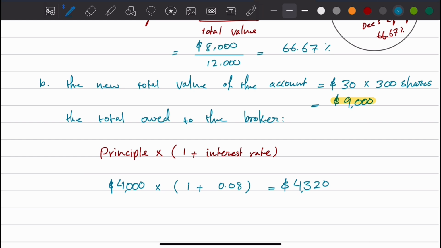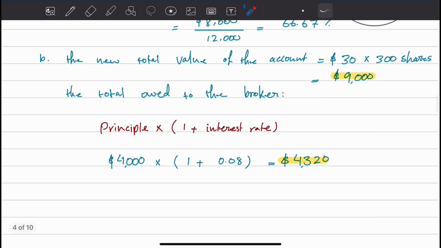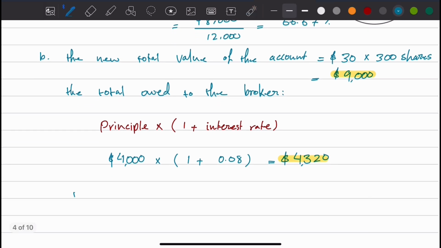Okay. Now, from these two pieces of information, we can find the remaining equity in the account for D-Trader, right? Let's find the remaining equity first.